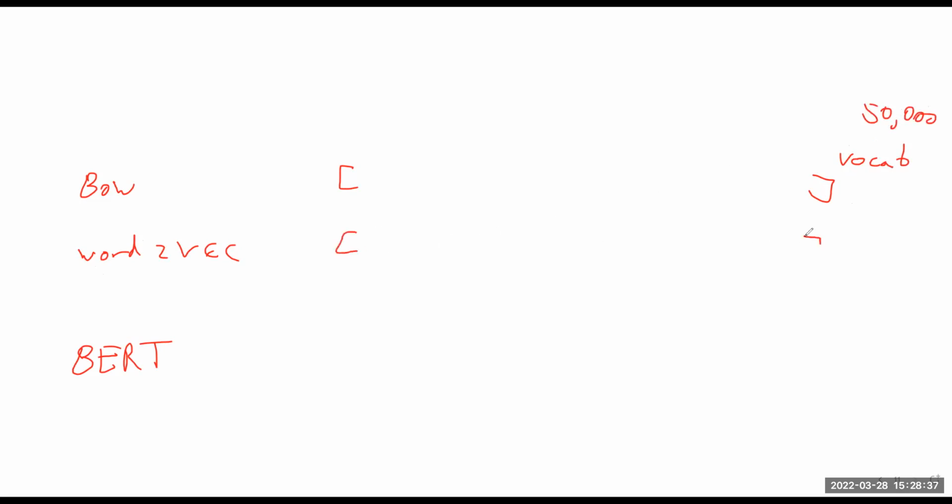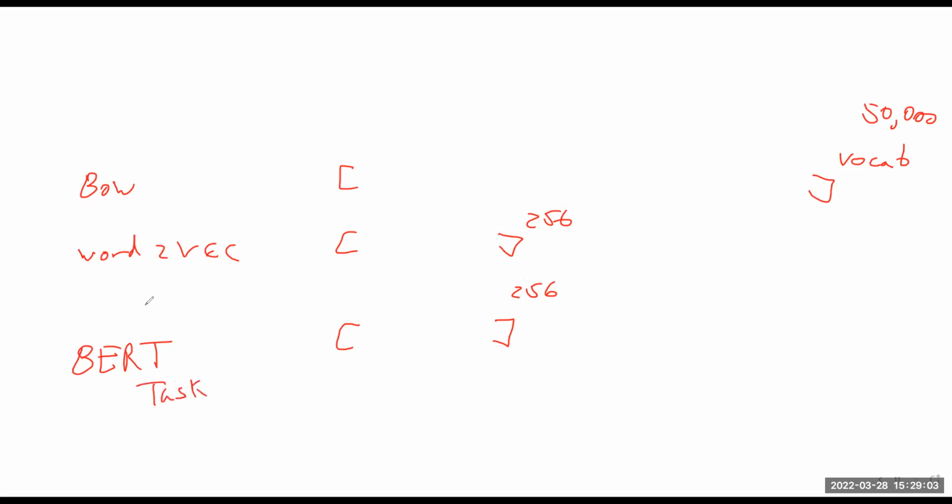Word to vec, you train on a data set, and it should be much smaller, 256. BERT is kind of the same idea. It can also be 256, but basically the argument is for the specific task.